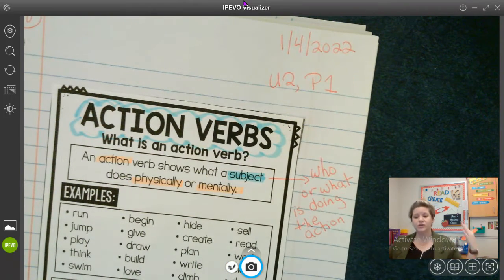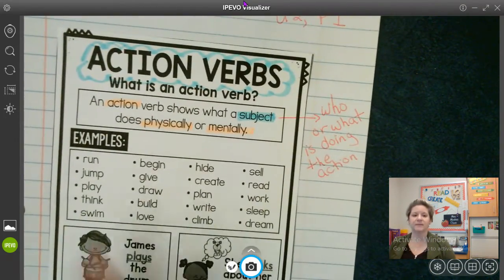So it's something that you could do with your body, physically, running, jumping, hopping, or it's something that you can do with your mind, reading, thinking, hoping. Those are all mental actions because they're something that you would do with your mind.